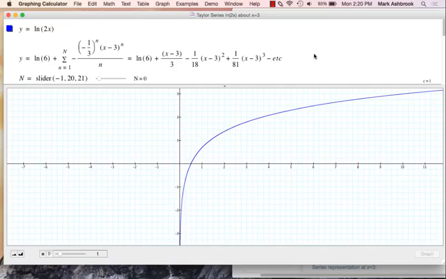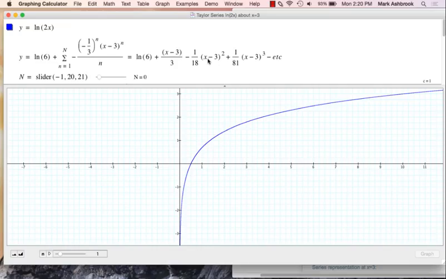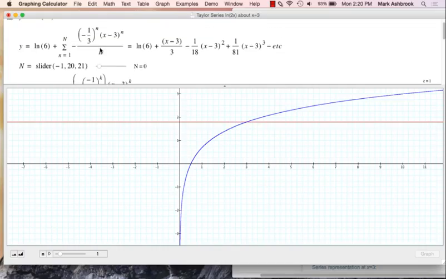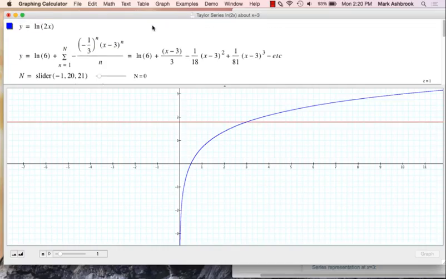So what we can do to see how this works is we look at partial sums, right? The first partial sum is just natural log of 6. Is this a good approximation of ln of 2x?